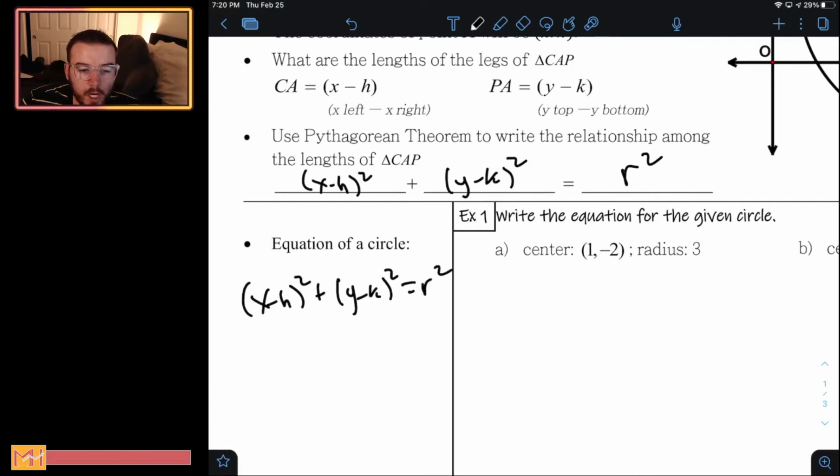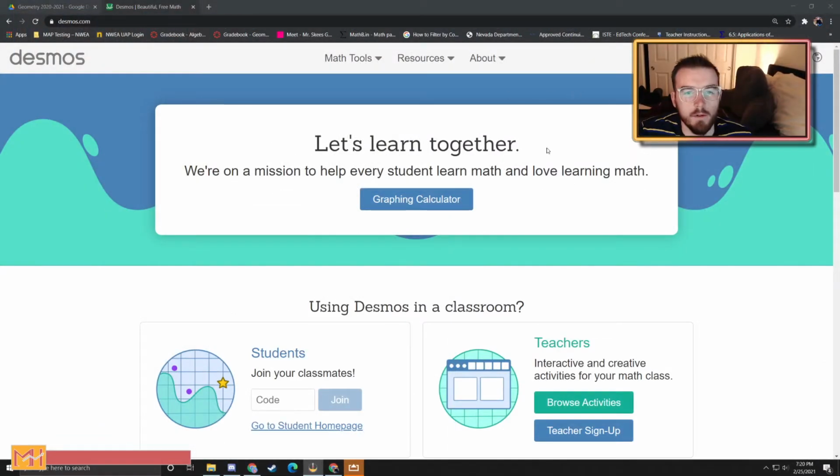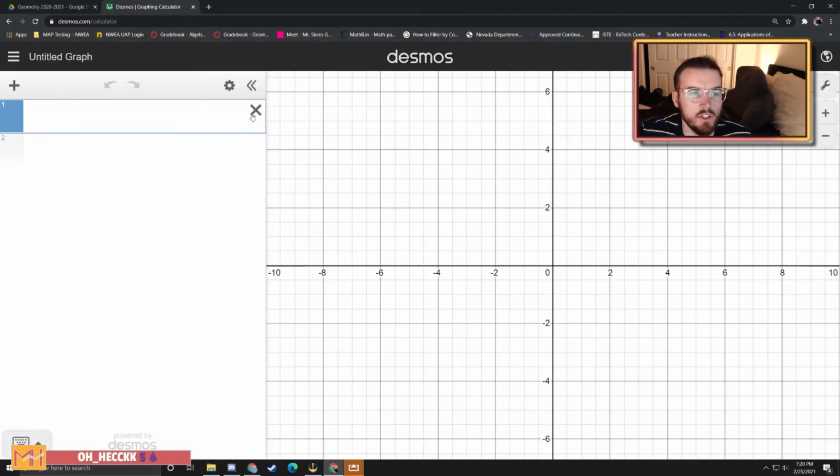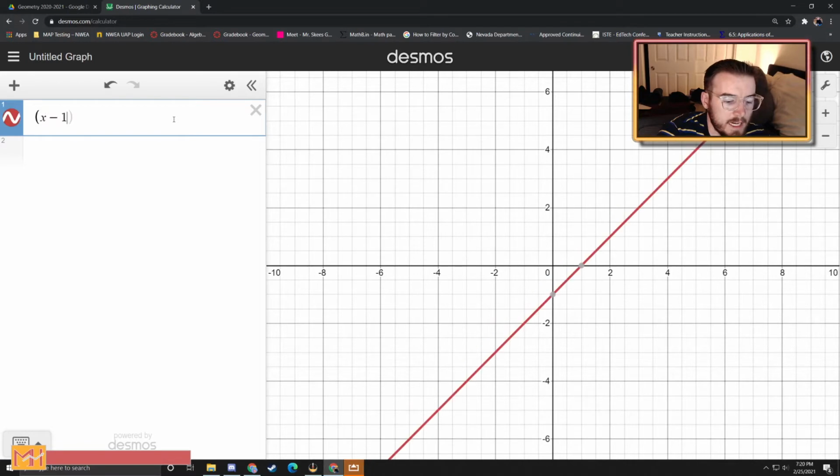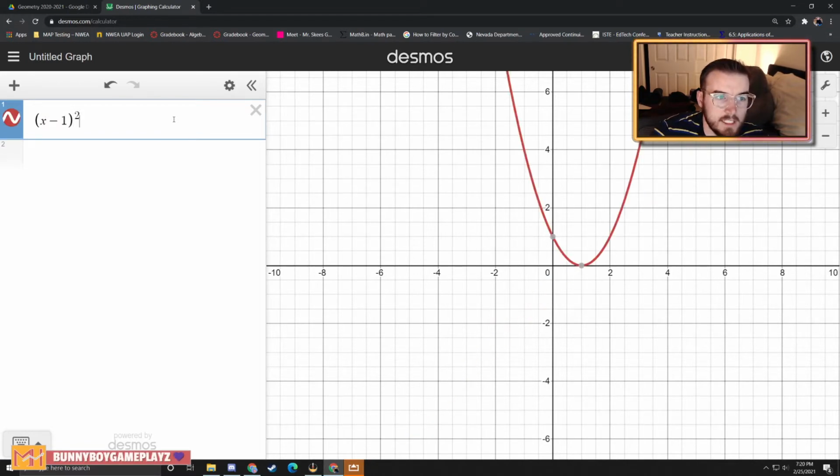Now, what do I mean it's the equation of a circle? Maybe you're a little puzzled by my terminology. Well, what I'm saying is, if I type in (x minus 1) squared, this is Desmos, a graphing calculator. I don't really use it too much in our class.